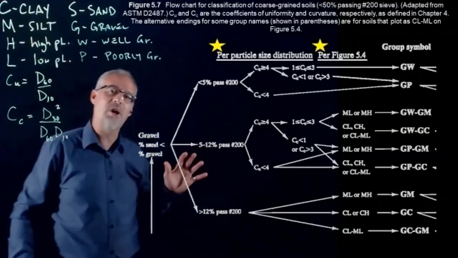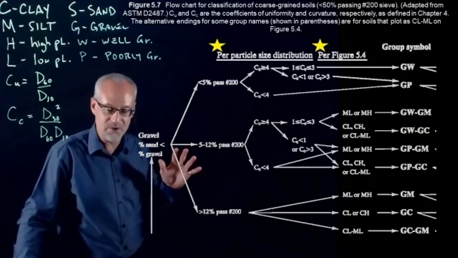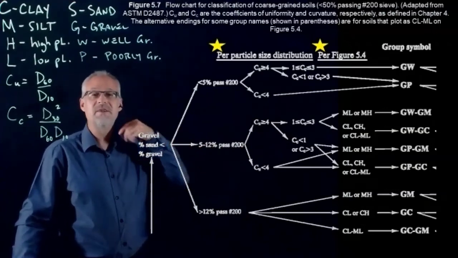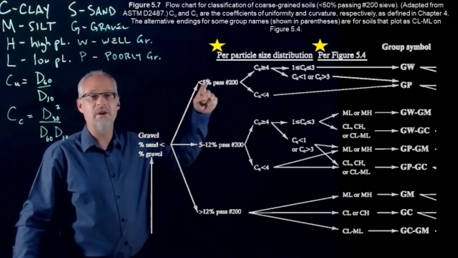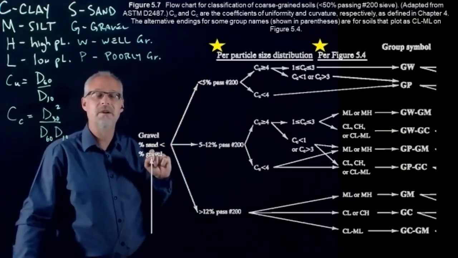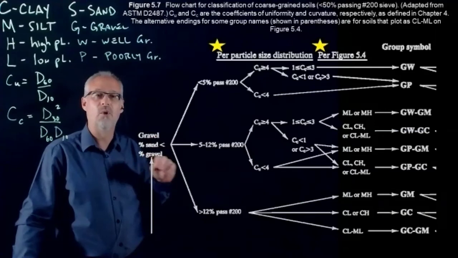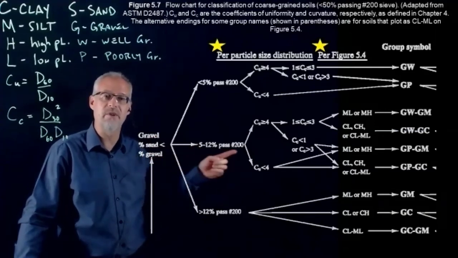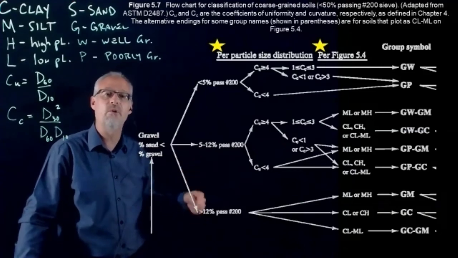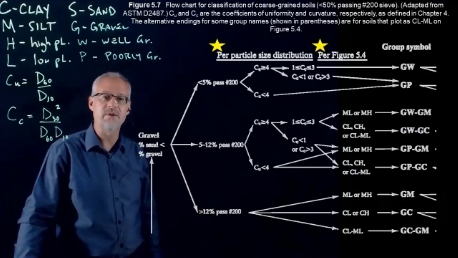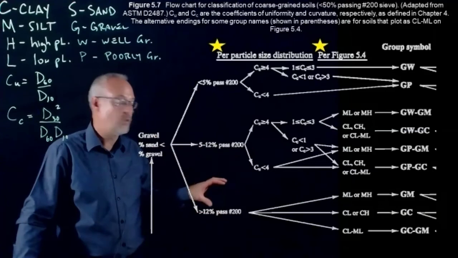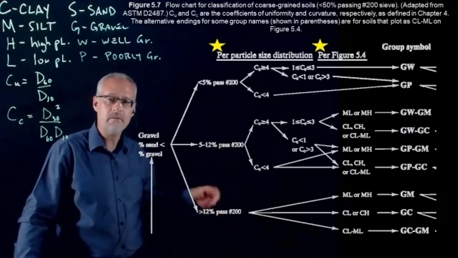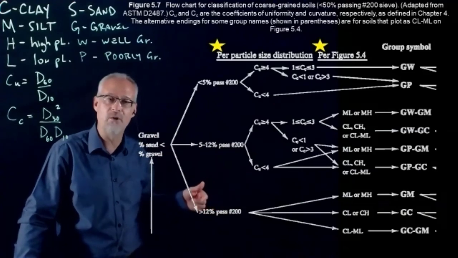After we've determined the fraction of gravel versus the fraction of sand, we go down again through the grain size distribution and ask, is it less than 5% fine grain soil, or is it between 5 and 12% fine grain soil? That's what the number 200 means. Or is it greater than 12% fine grain soil? Notice that for both of these lower options, there's a significant portion of fine grain soil.